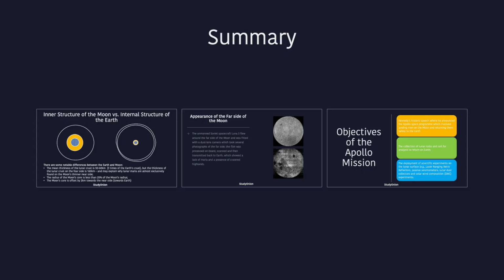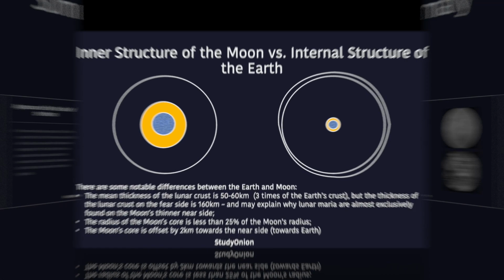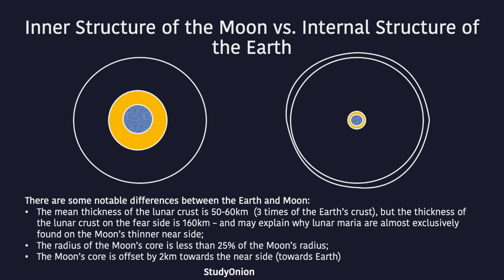So, to summarise, although the moon has a crust, mantle, and core, inner and outer, like the Earth, there are some notable differences. The mean thickness of the lunar crust is 50 to 60 kilometers, which is typically 3 times that of the Earth's crust. And the thickness in lunar highlands can be up to 160 kilometers.